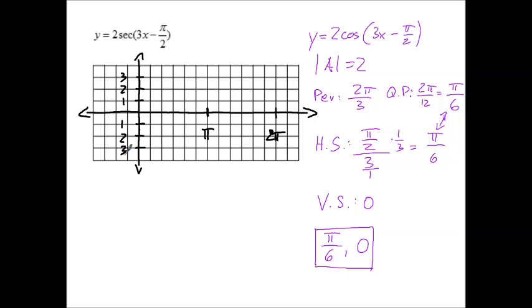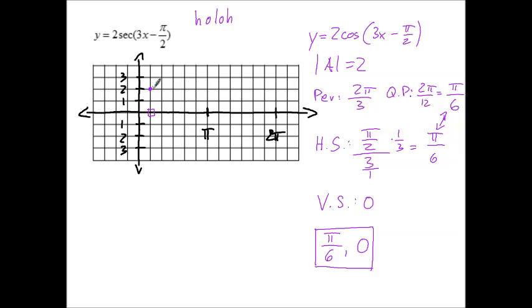And now we're ready to graph our cosine function. We're starting at the point pi over 6 and 0. This one is right here. But remember, cosine is hollow. So while this is the 0 point, we are starting at the high point, and the high point with an amplitude of 2 is at 2.